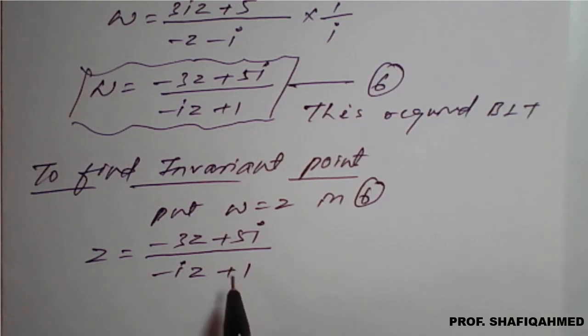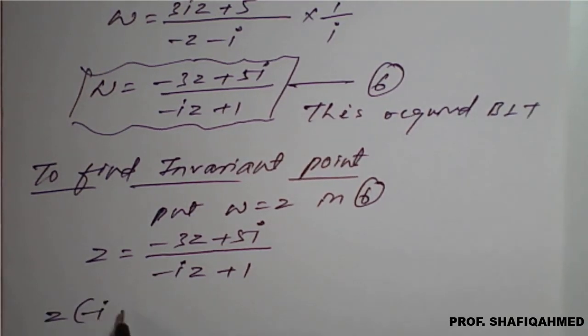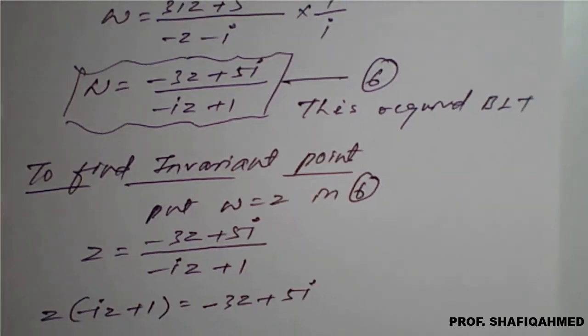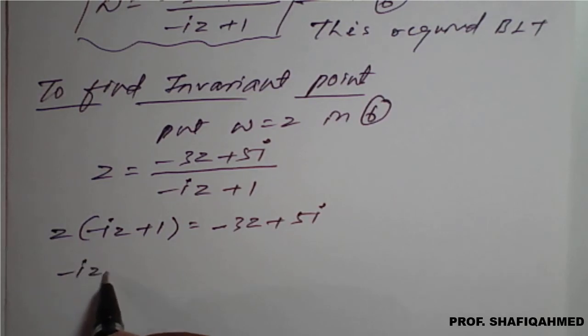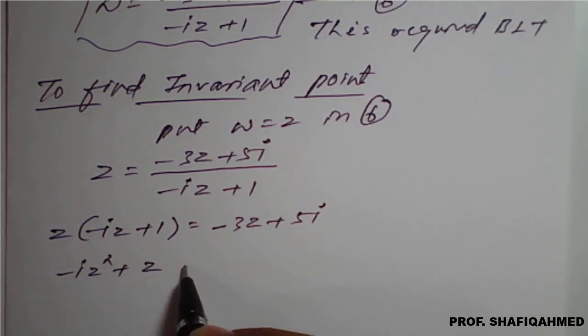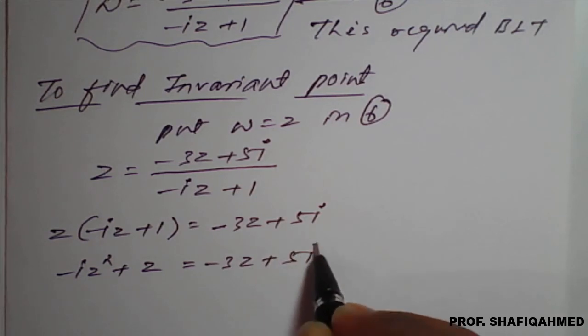On cross multiplying, z into (-iz plus 1) equals -3z plus 5i. Opening the bracket, -i z square plus z equals -3z plus 5i.